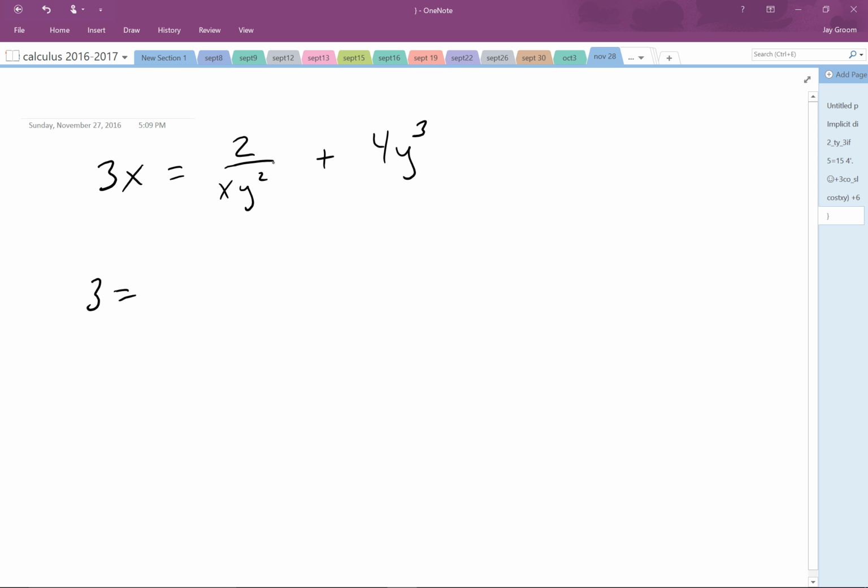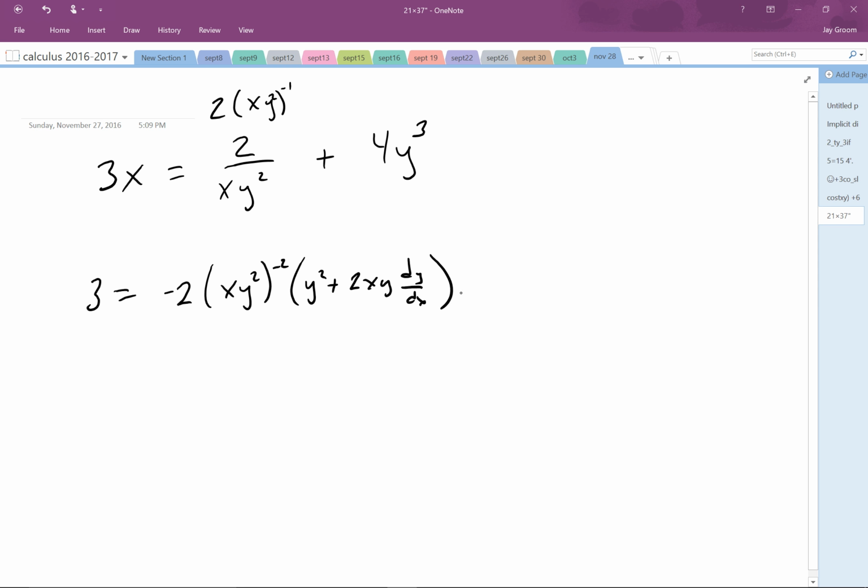Probably the easiest way would be to rewrite it as 2x times y squared to the minus 1, and treat it as a chain rule, because that's really what it is, but you can do it either way you want. Okay. Now, again, you could do it that way, or you could do it as a quotient rule. Either one would have worked.